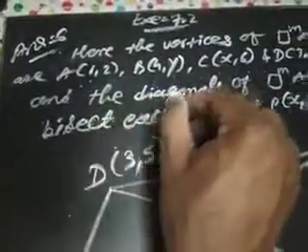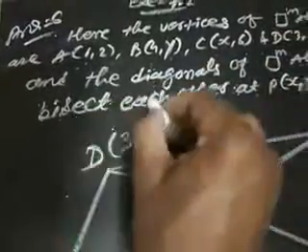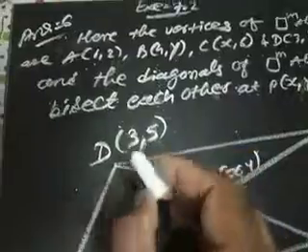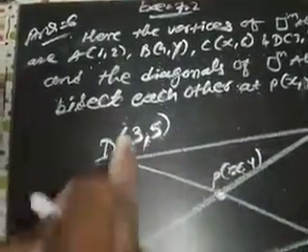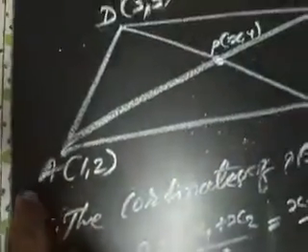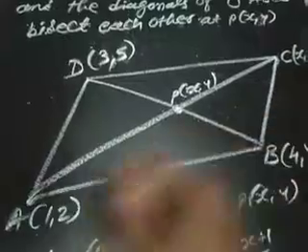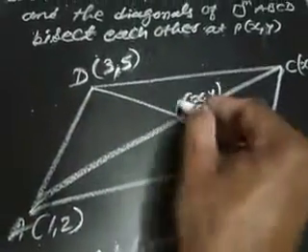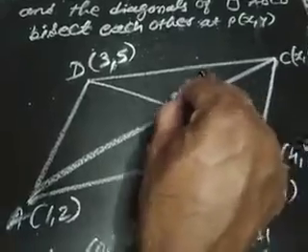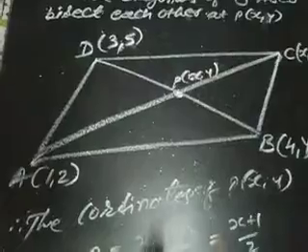So the diagonals of parallelogram ABCD bisect each other at P(x, y). Whenever we have a parallelogram, taking the vertices in order A, B, C, D, the diagonals bisect each other at the middle point, so we use the midpoint formula and find the x and y values.